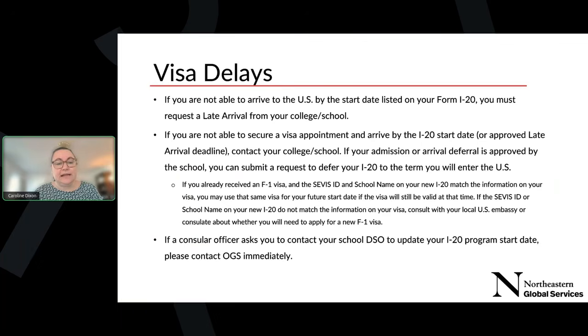If the SEVIS ID or school name on your I-20 do not match the information on your visa, for example, if you got a visa from a different school, from an I-20 from a different school, and now you're trying to come to Northeastern, consult with your local US Embassy or consulate about whether you will need to apply for a new F-1 visa that says Northeastern. If a consular officer asks you to contact your school DSO to update your program start date, please contact OGS immediately.